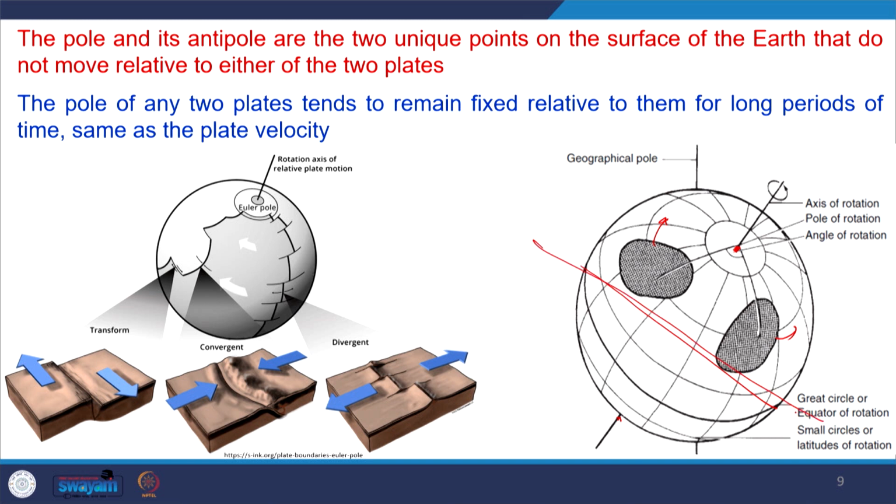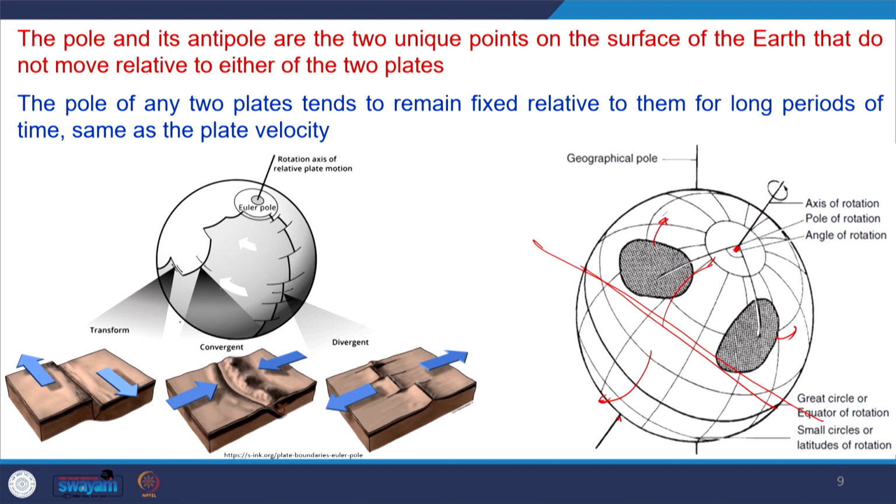So, this is the Euler's axis. In that case, this plate would rotate in this way, and this one in this way. So, the position of the Euler's pole remains constant throughout geological time for a longer period, and that is why the plate velocity also remains constant for a longer geological time.